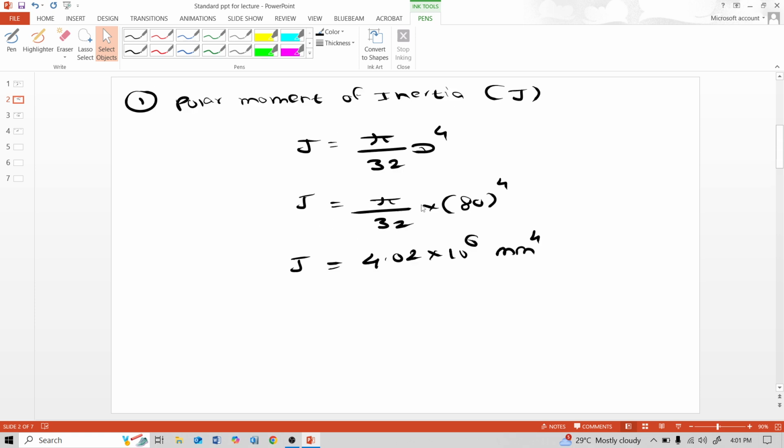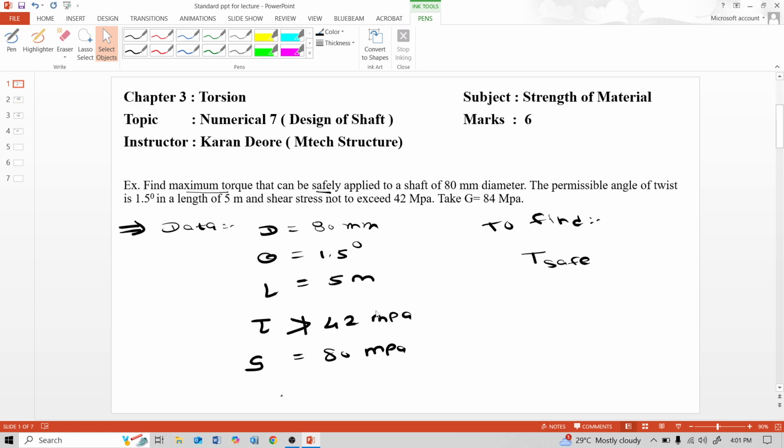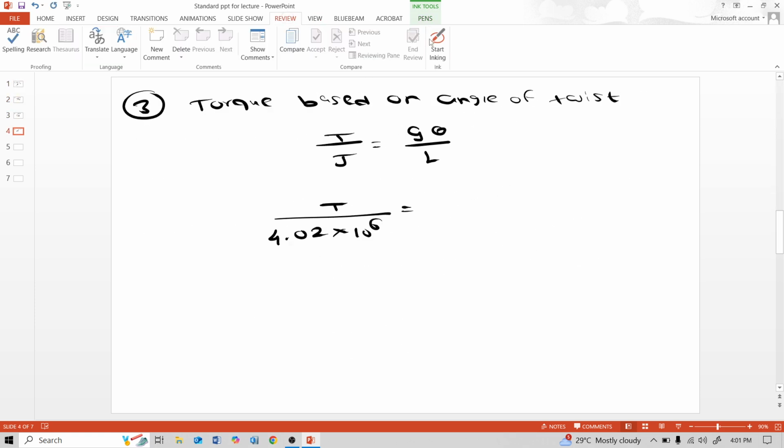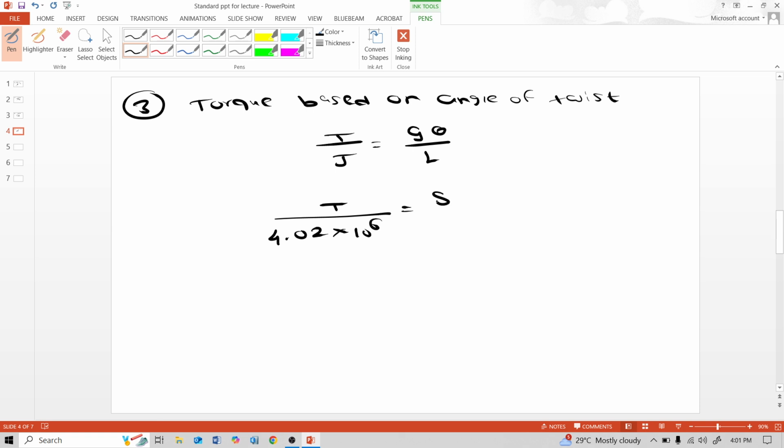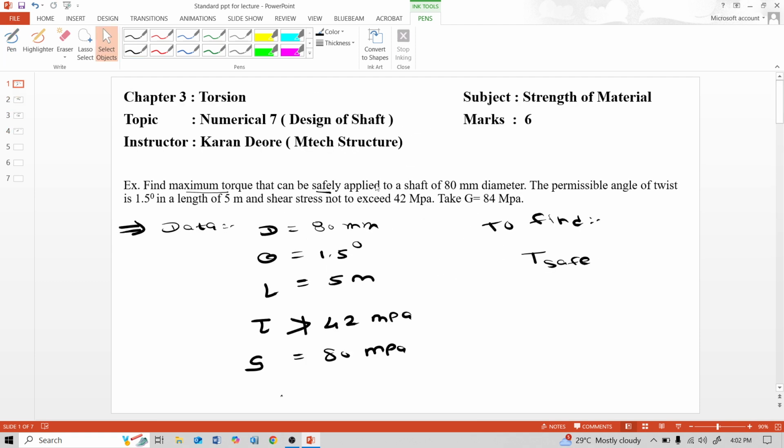This G is... see, in the numerical, G is not 80 MPa, G is 84 MPa.